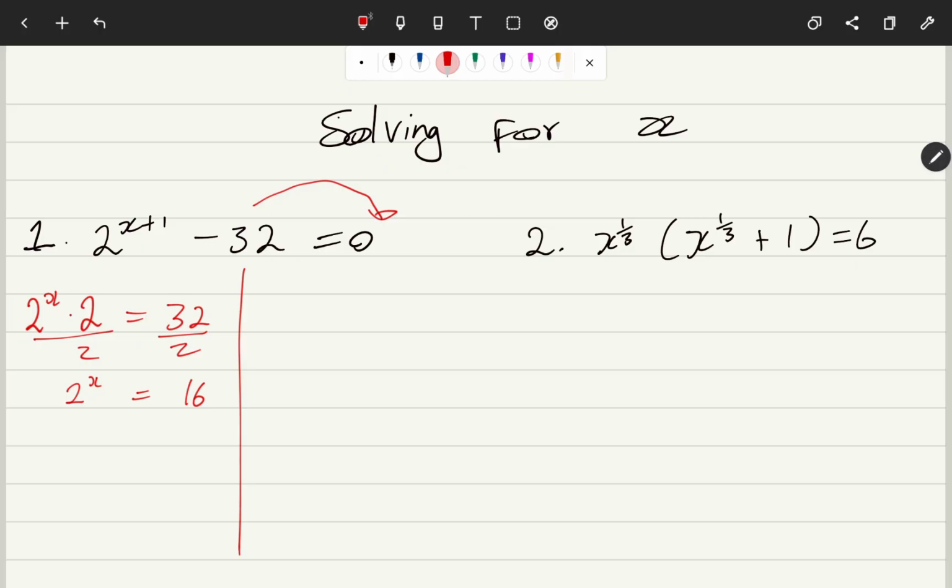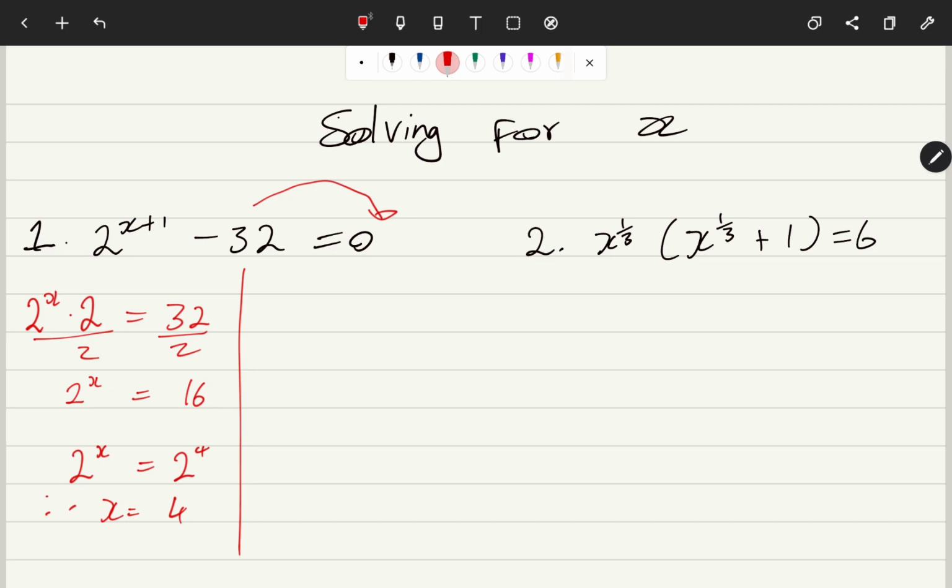Here we know nothing about the exponents, so we can work with the base. Fortunately, 16 we can write with base 2, and that is 2 to the power 4. Cool. Now you have the same base, which means your exponents must be the same. Therefore, x is equal to 4, and then you're done, right?